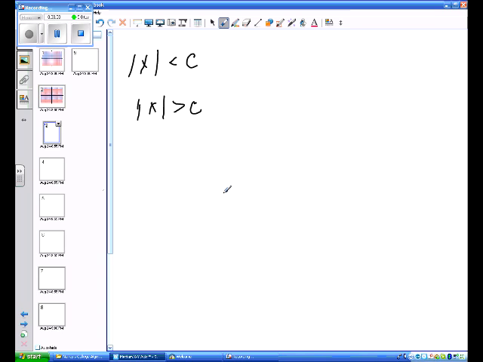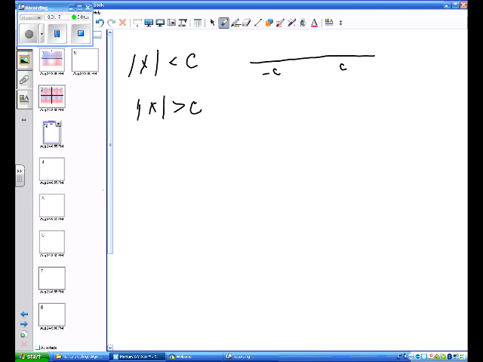Now, when we first started talking about absolute value, we talked that it was the distance a number was from zero regardless of the direction. So when we talk about the value of x being less than the amount of c, we're saying if we have our number line, we're going to be talking about the two boundaries, negative c and positive c.